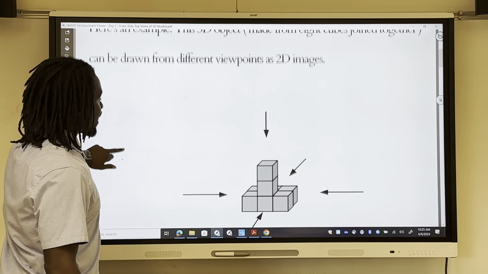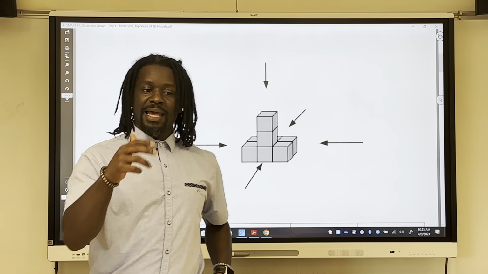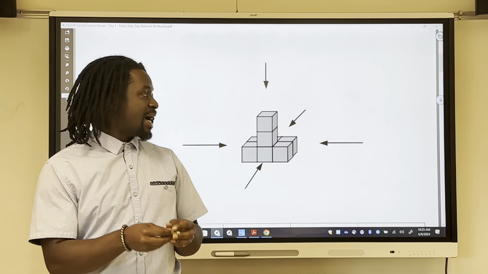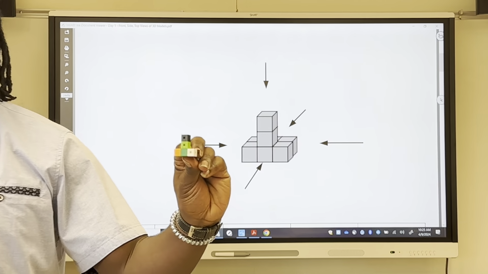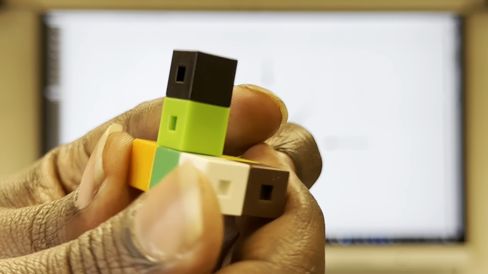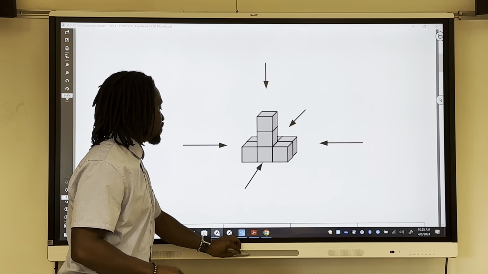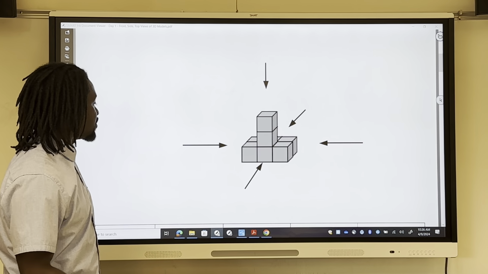What I have done is constructed this figure. If you're in class, we're going to do this together, but I have taken cubes and formed this figure. Here you go, here is the figure, okay? First, I want us to label each side of our three-dimensional figure.